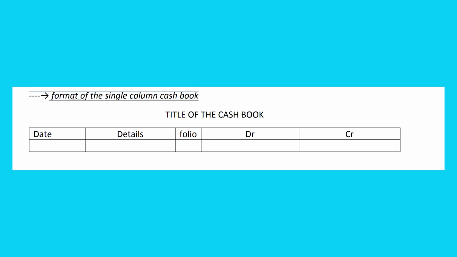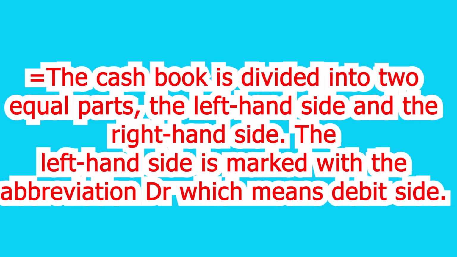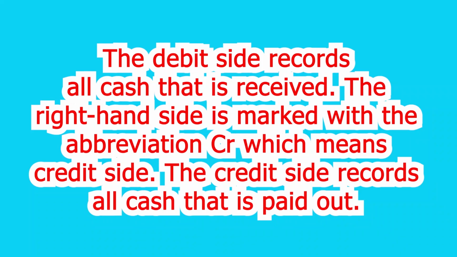Let us now look at what you need to consider when recording transaction in the single column cash book. The cash book is divided into two equal parts, the left hand side and the right hand side. The left hand side is marked with the abbreviation DR, which means debit side. The debit side records all cash that is received.